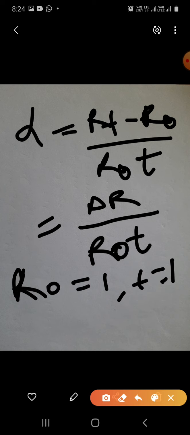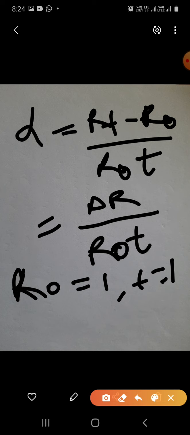So the temperature coefficient of the material depends on the increase in resistance per ohm of original resistance per degree centigrade rise in temperature.